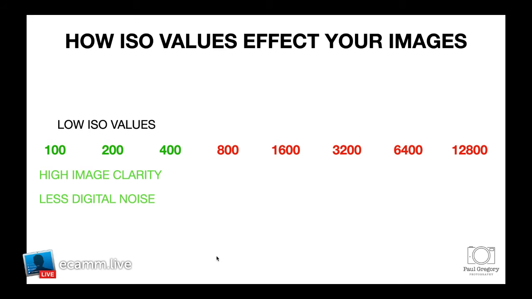So digital noise, camera noise, is created when basically there's not enough light hitting the sensor, or the camera's struggling to get enough light into the sensor to illuminate the pixels. Because your sensor is made of millions and millions and millions of pixels. 20 million pixels, 25 million pixels, something like that. There are cameras that have 100 million pixels.